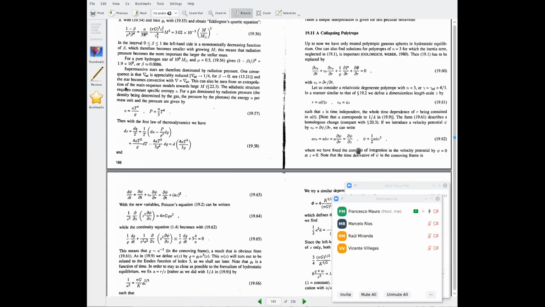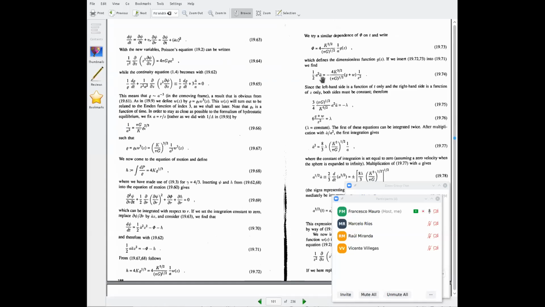I think you have already seen this in quantum mechanics: as in quantum mechanics, for the solution you separate two parts, one depending on time and one depending on space, and so at the end you get this. Here you can see all the calculation to get this one.